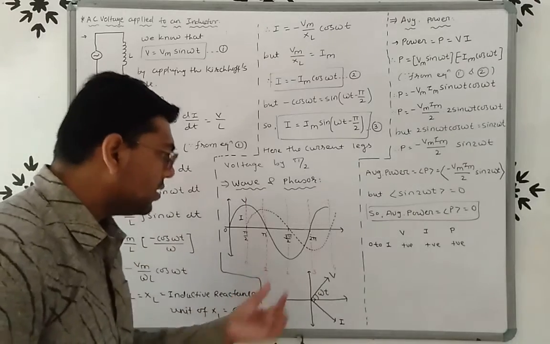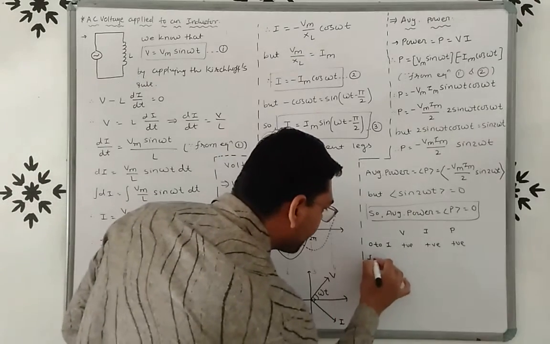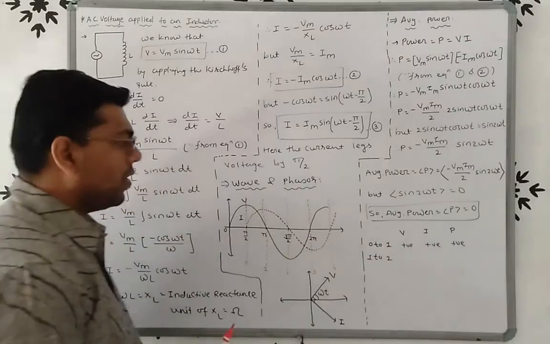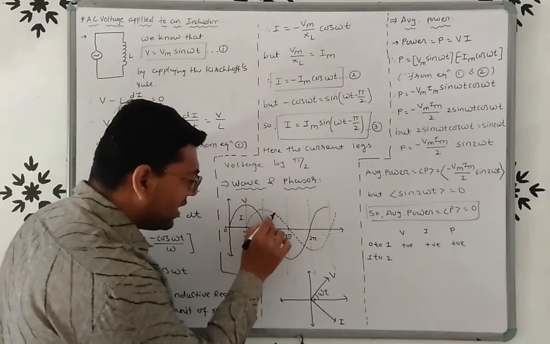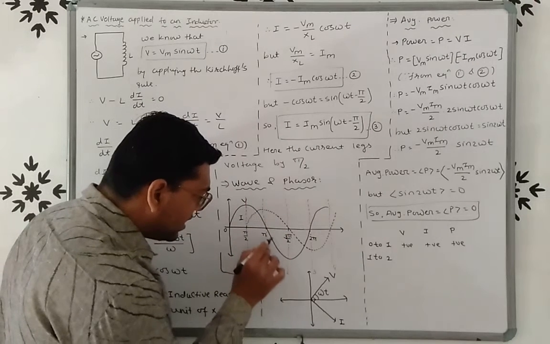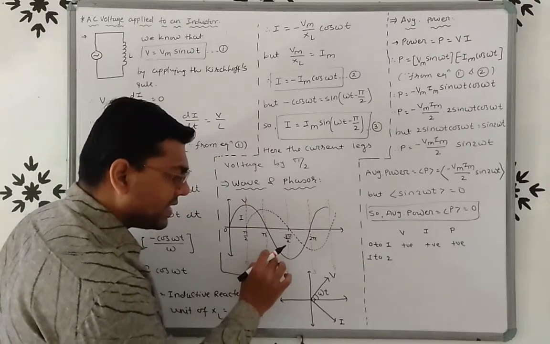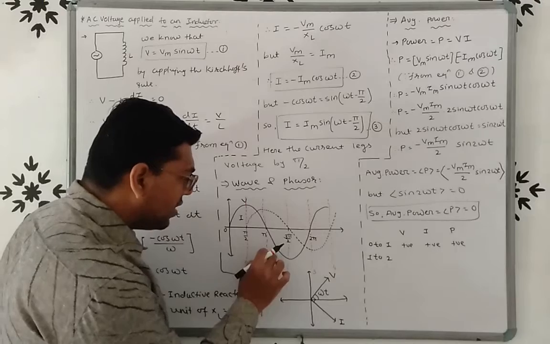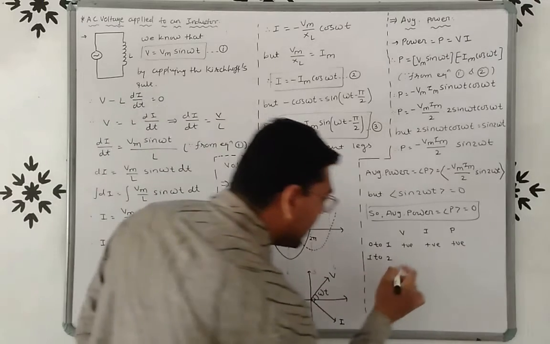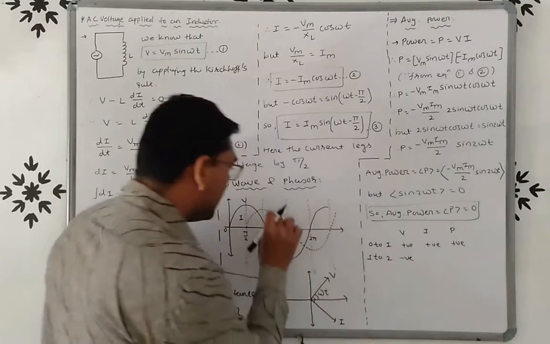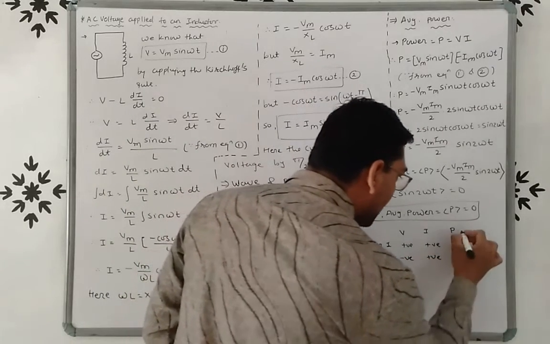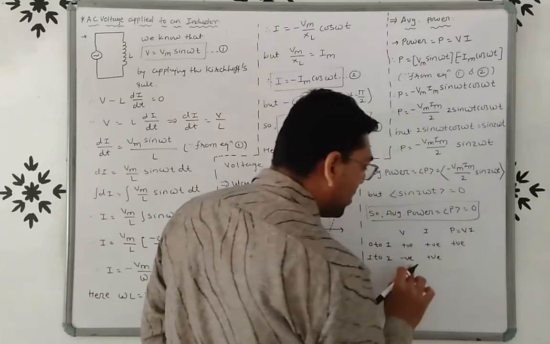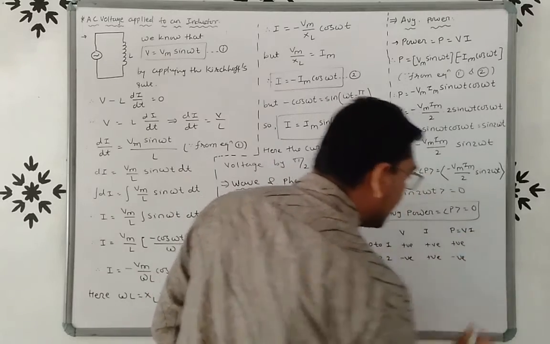Now, from 1 to 2. See here friends, the current, this dotted line, is positive, but this voltage is negative, below the x-axis, right? So here from 1 to 2, the voltage is negative, but the current is positive. So the product of V and I is negative.